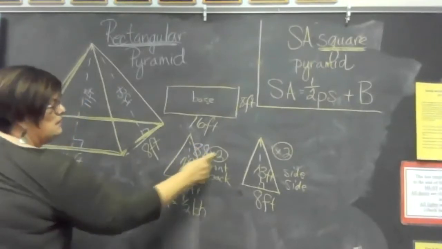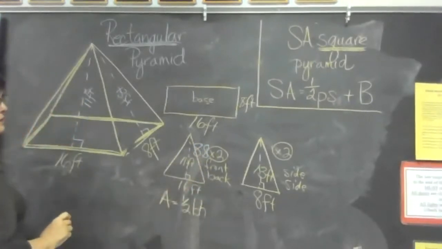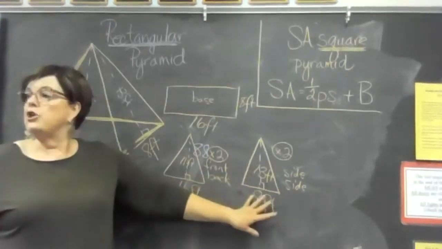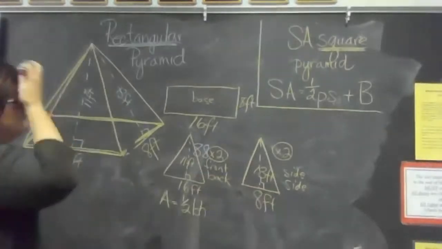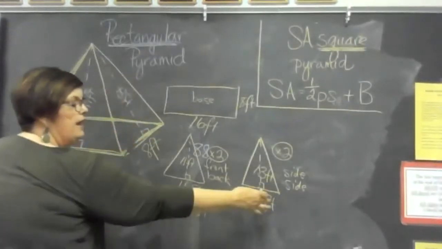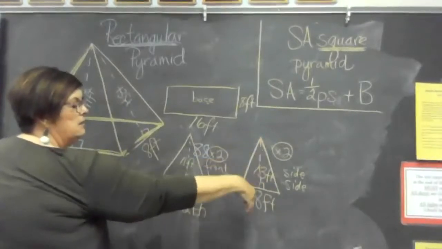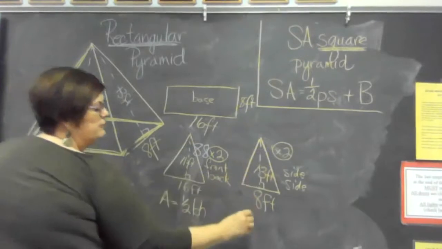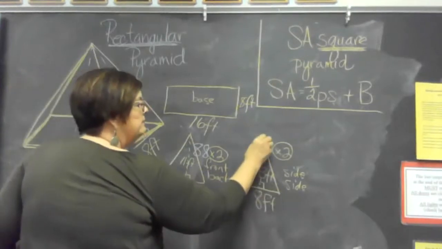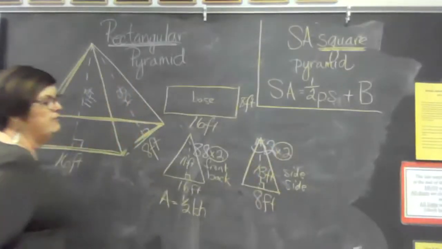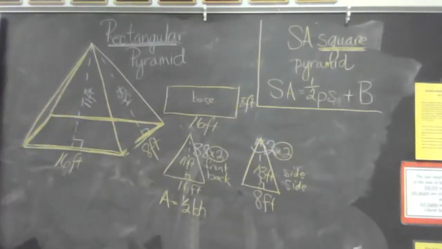And we're going to take that times 2 in just a minute. Now let's find the area of this triangle. And again, it's going to be 1/2 the base times the height. And so we're going to go 4 times 52. So the area of this one will be 52 times 2.